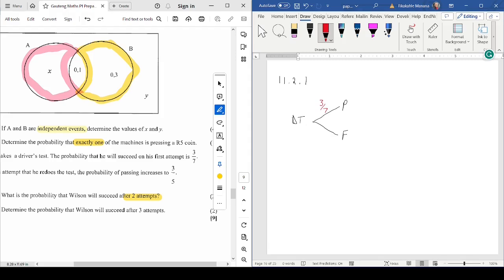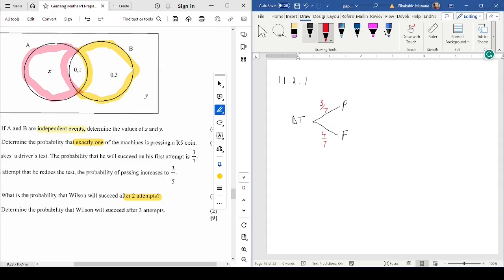These are complementary events, meaning what's left is 4 over 7. Why 4? Because 7 minus 3 is 4. An entire sample space gives us 1. We've spoken about it even in the previous question. So if we've used up 3 over 7 to pass, it means it takes 4 over 7 to fail.